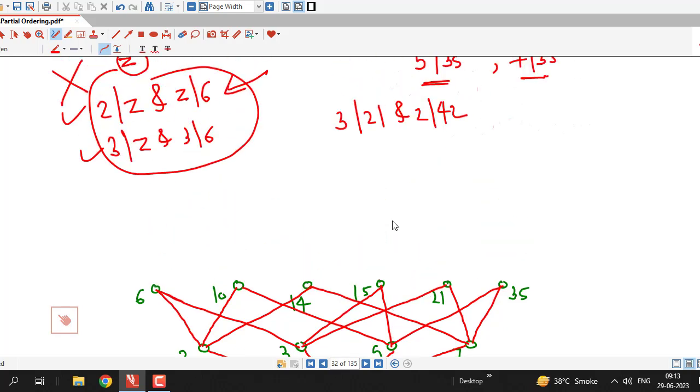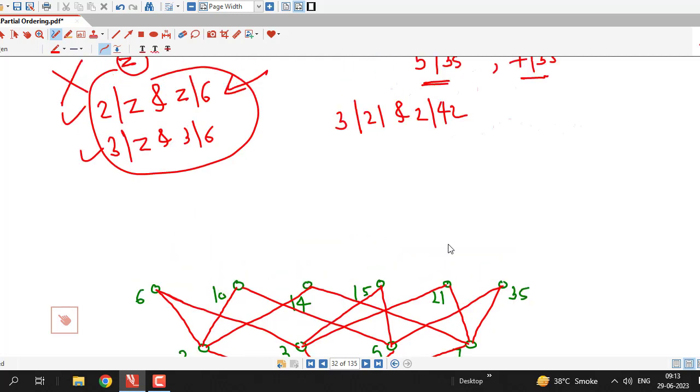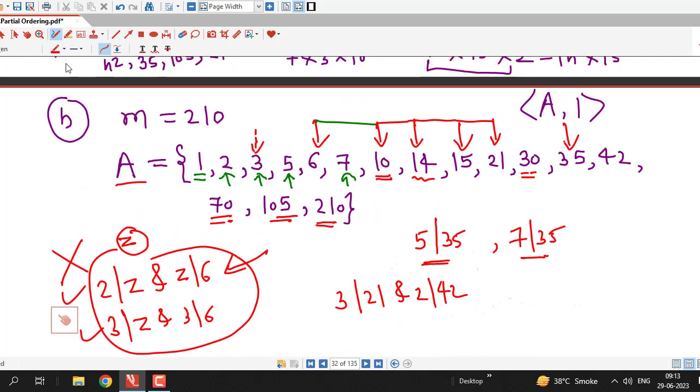Now after this we have to find out those elements in the given set which are covers of 6, 10, 14, 15, 21 and 35, and circles for those integers will be above the circles for these positive integers. So now we come to the next part. Let me change the color here.